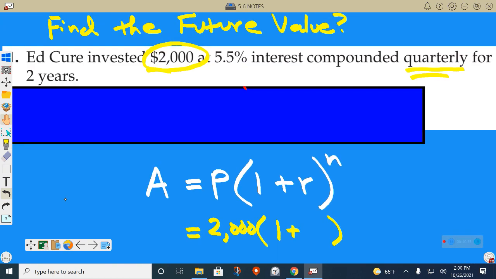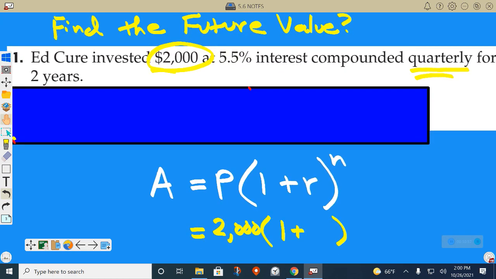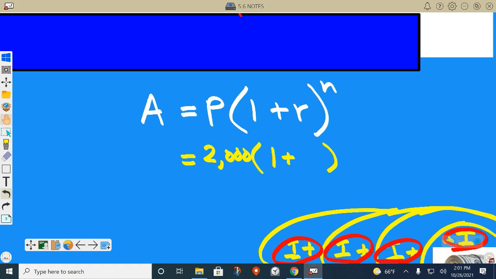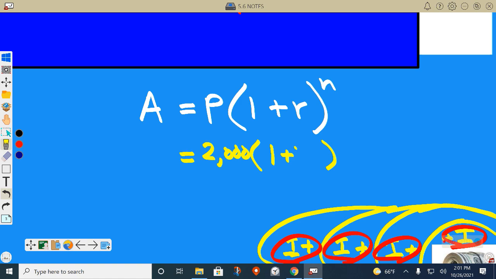What percent is he getting? 5.5. Can someone please tell me how to write 5.5% as a decimal? 0.055. Right, twice to the left. Watch this now. The rate is the numerator, 0.055, divided by 4 times per year.